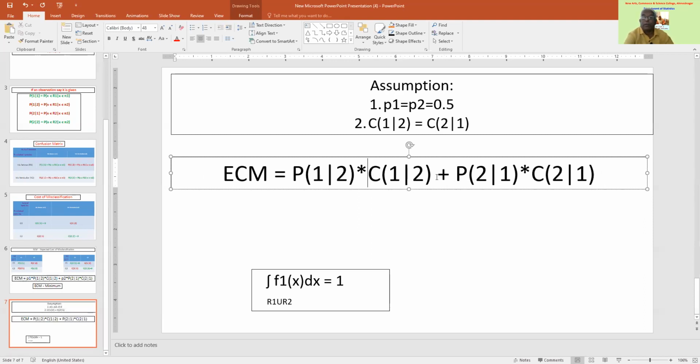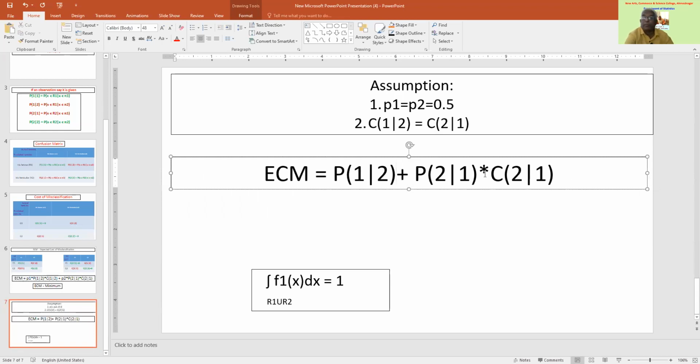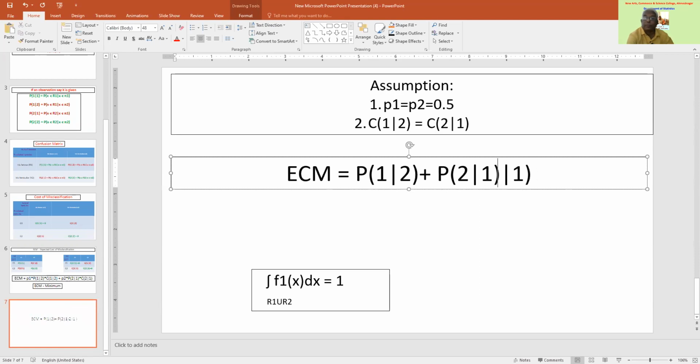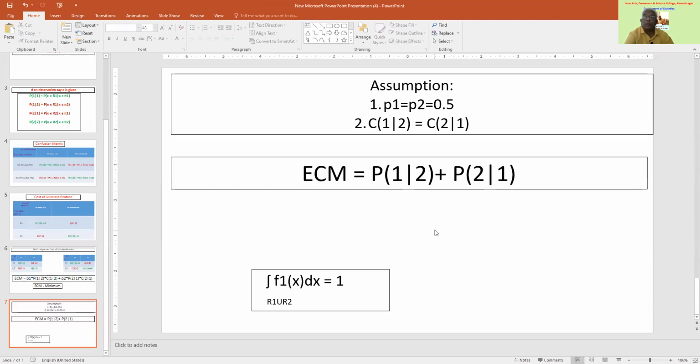This is also equal. It is a constant. Why am I deleting this? Because they are constants. And essentially speaking, expected cost of misclassification is nothing but the total probability of misclassification.